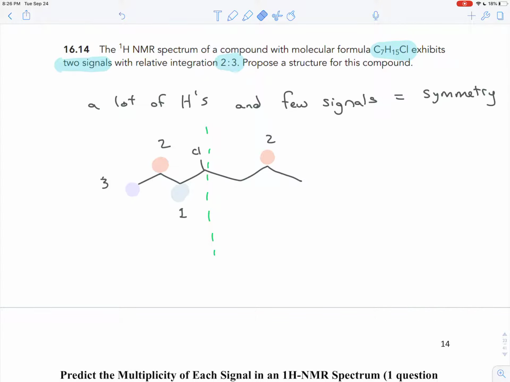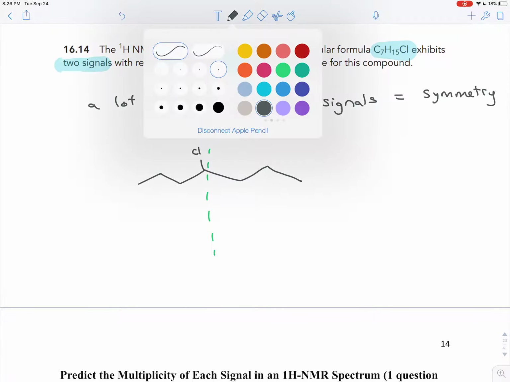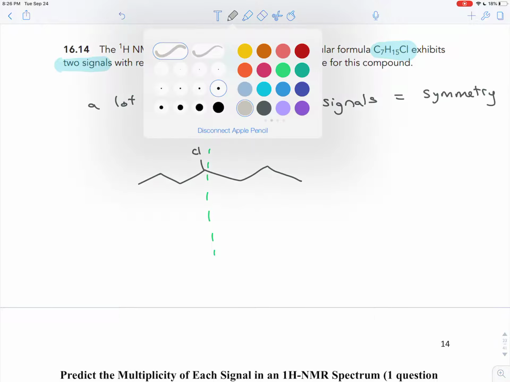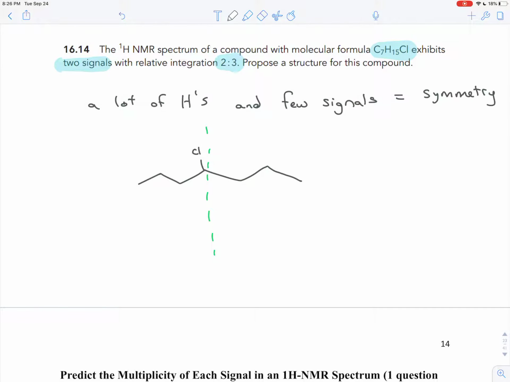Okay, so how can we modify this? We have to keep the symmetry. What if we took away one of the carbons? So we took this away.